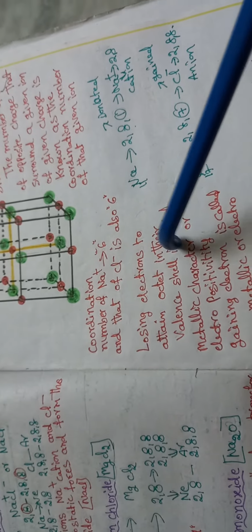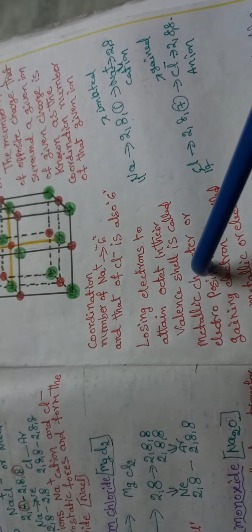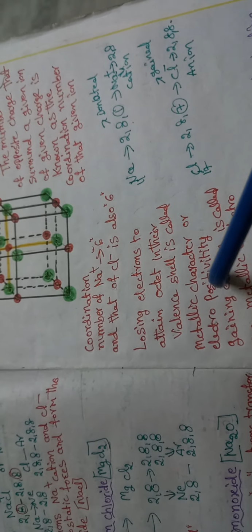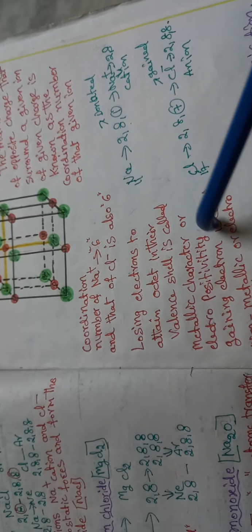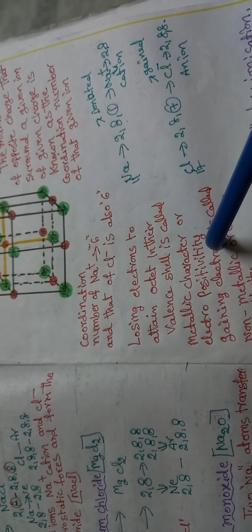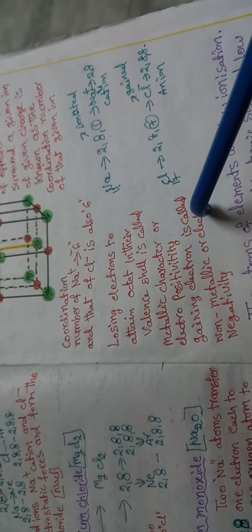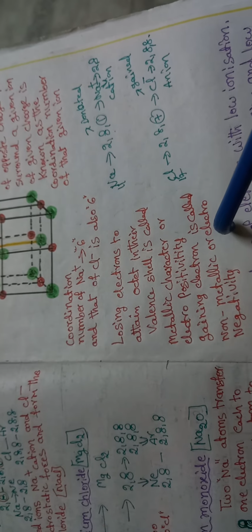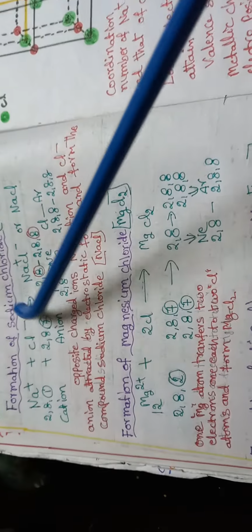Losing electrons to attain octet in their valence shell is called metallic character or electropositivity. Gaining electrons is called non-metallic character or electronegativity. Here we can see all examples.